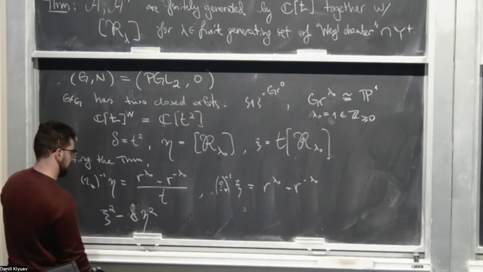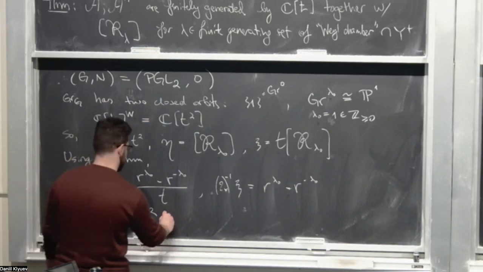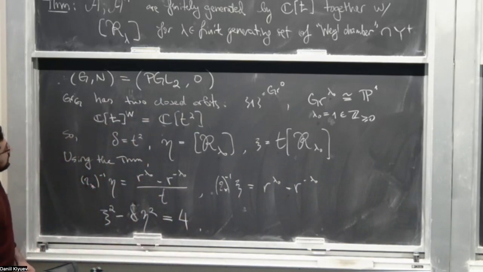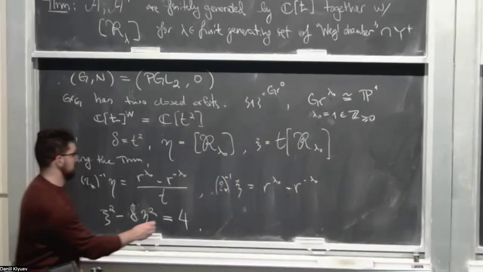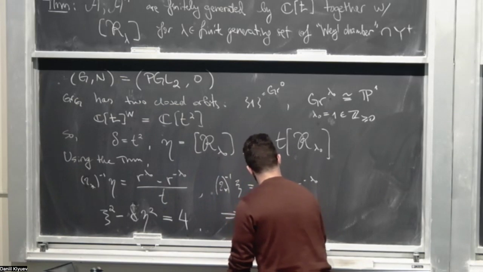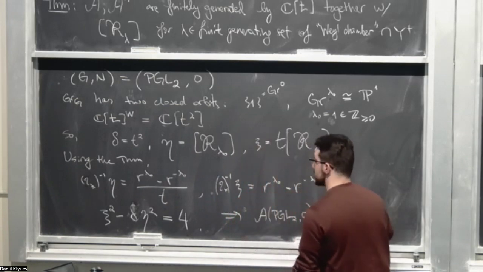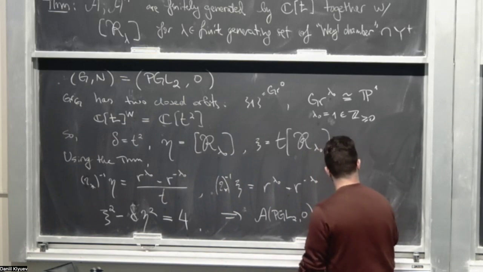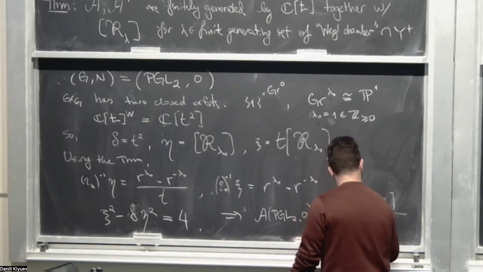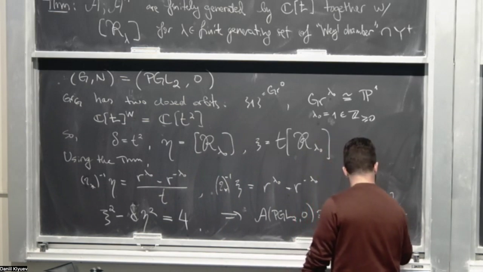I believe I get 4. And you can conclude that A of PGL2 with representation 0 is isomorphic to C[delta, iota, C] modulo this one relation: C squared minus delta iota squared equals 4.